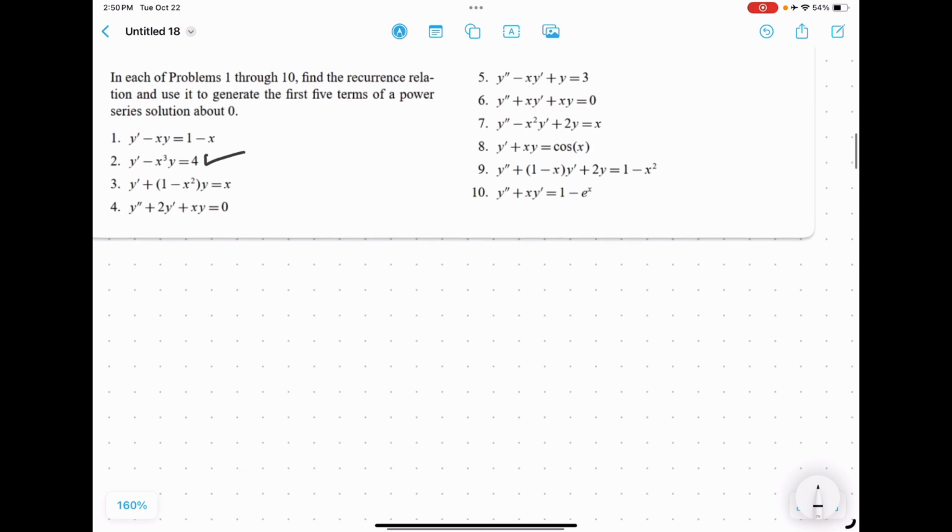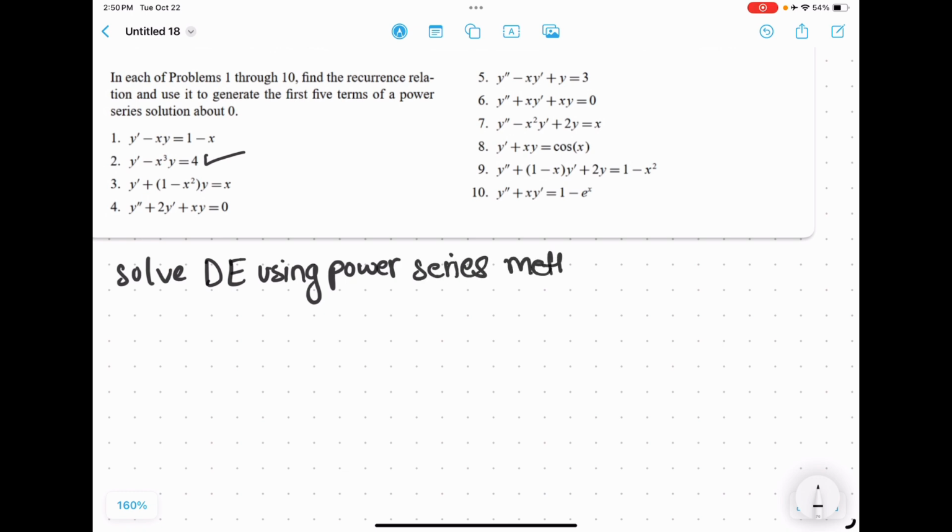If you remember, the entire idea of this exercise was that we need to solve this differential equation using our power series method or approach, whatever you want to call it.